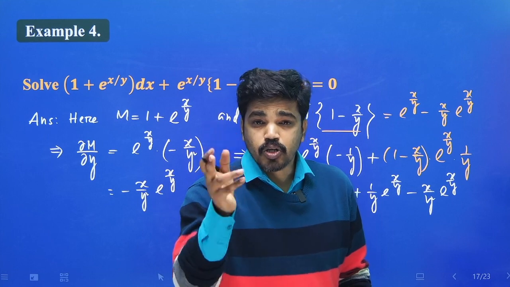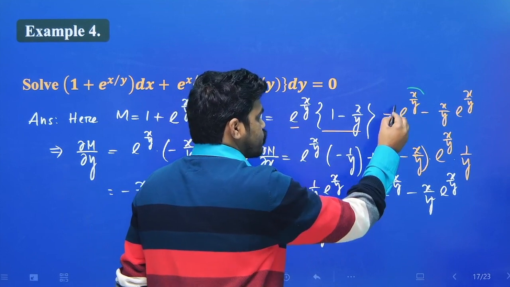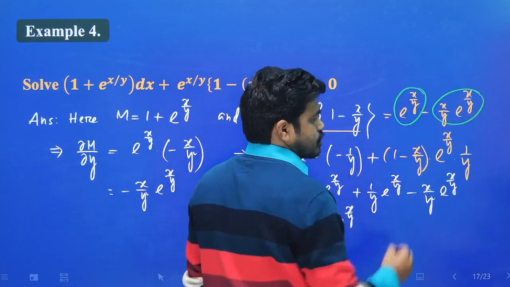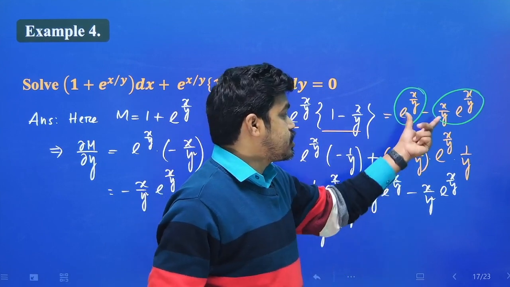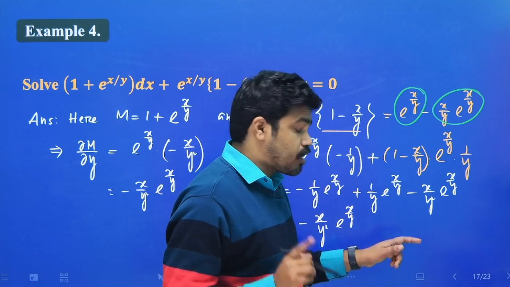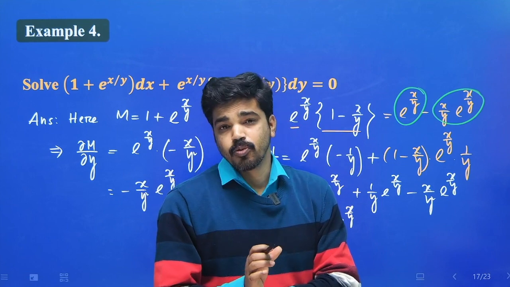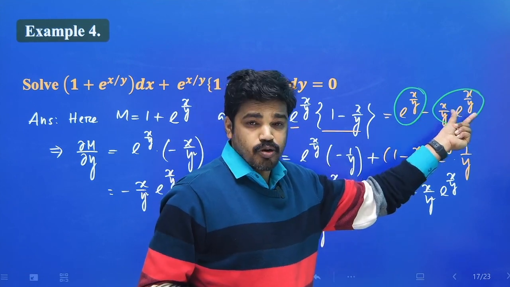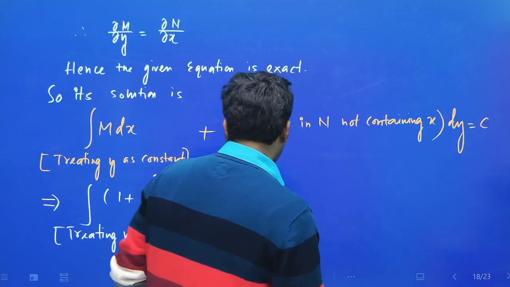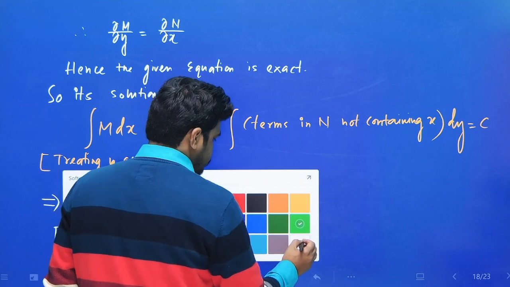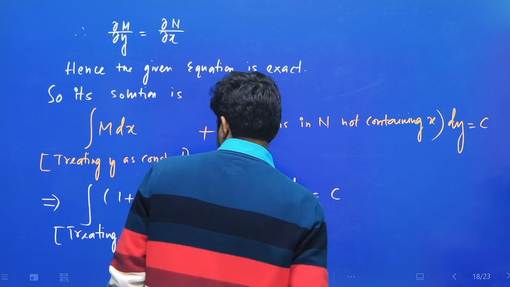Terms in N not containing x, ঠিক, দেখো এই টার্মের মধ্যে এক্স আছে, এই টার্মের মধ্যে এক্স আছে, তাহলে জিরো হয়ে যাবে। There is no term which does not contain x. এন এর মধ্যে যে সমস্ত টার্মের মধ্যে এক্স থাকবে না সেই সমস্ত টার্মগুলো লিখতে হবে। দ্যাট মিনস আলটিমেটলি N will be zero, ঠিক আছে? So 0 into dy is equal to c.